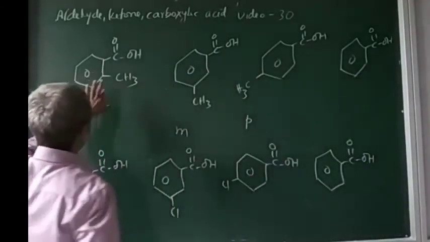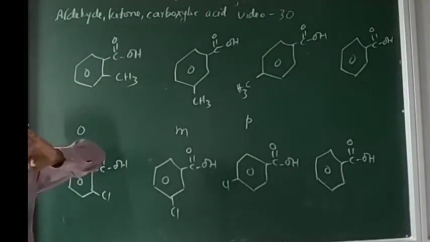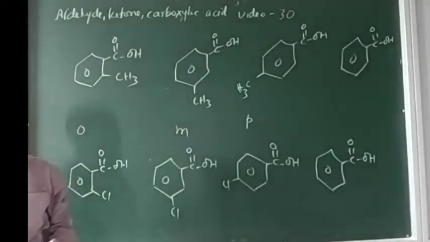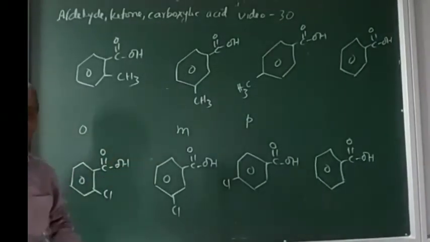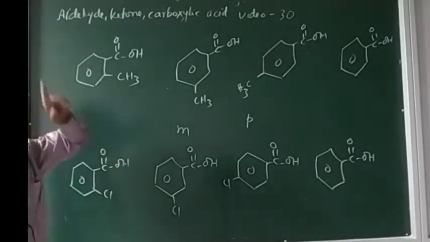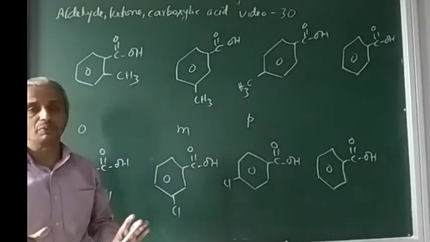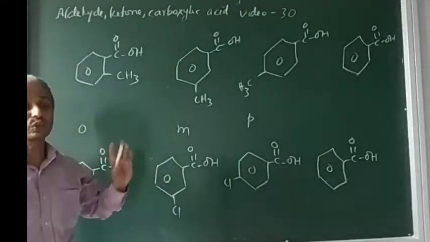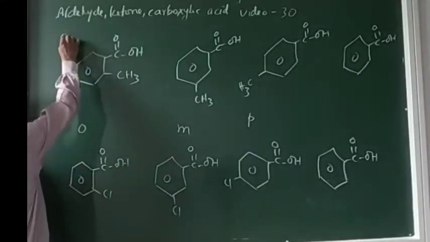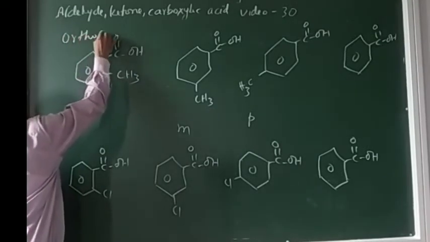So remember here, whether the electron donating or electron withdrawing group is at the ortho position, it is a stronger acid. Remember this point. We call it the ortho effect.